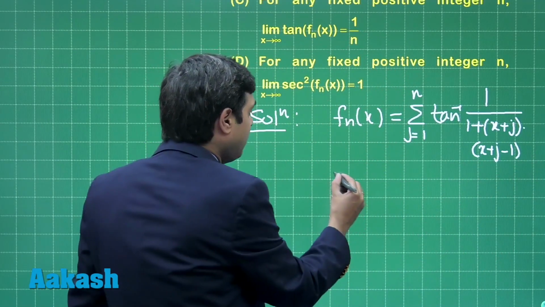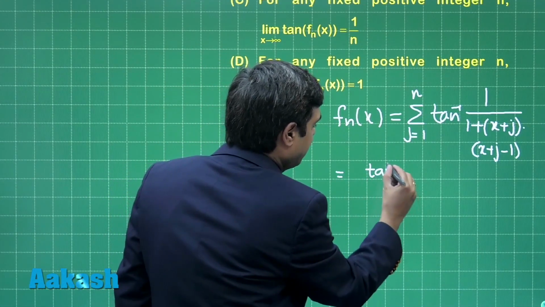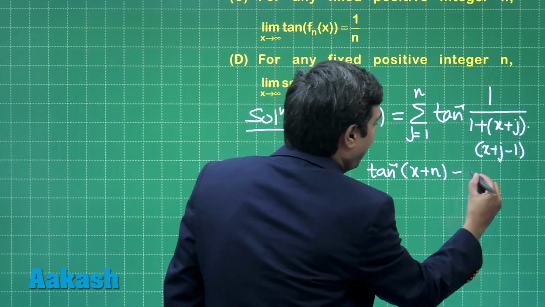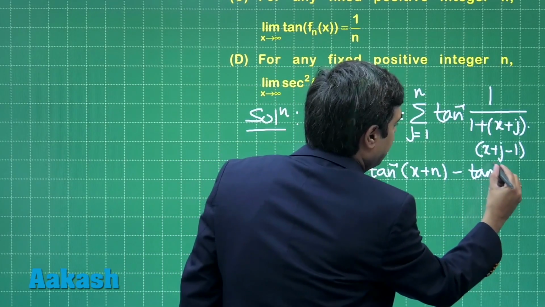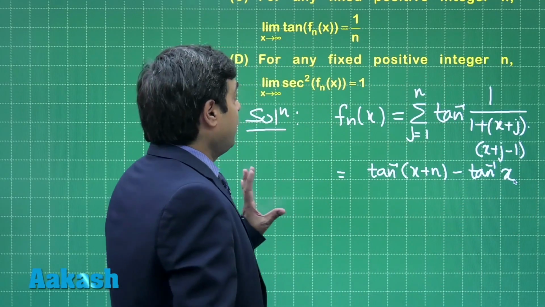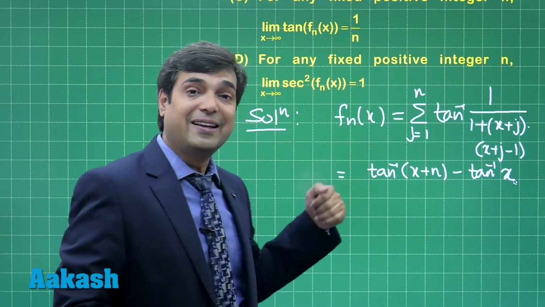This can clearly be simplified as tan inverse (x plus n) minus tan inverse x, right?